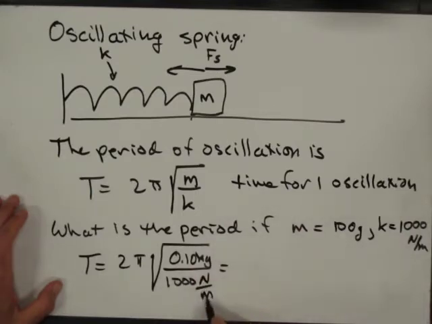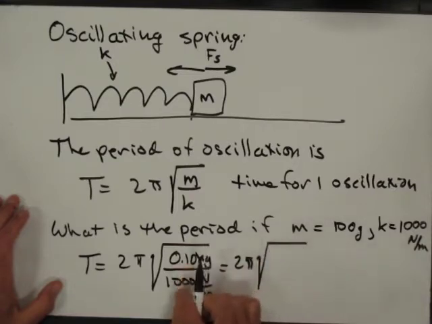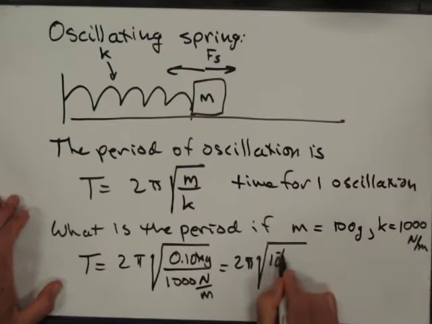Those are the units for k. And so that becomes 2 pi times the square root of, so 0.1 over 1,000 is 10 to the minus 4.